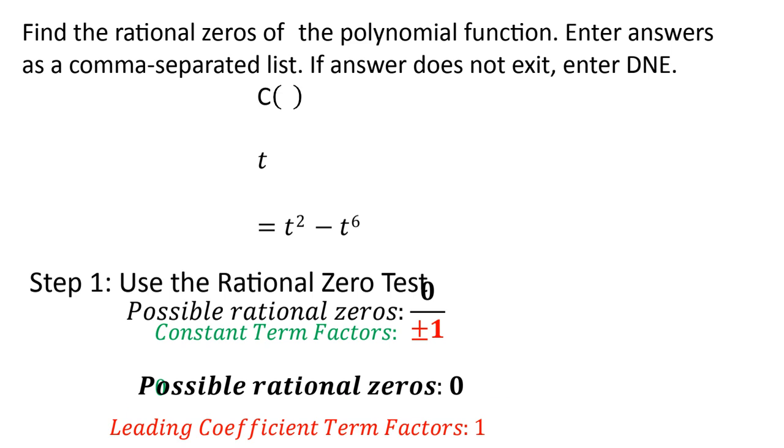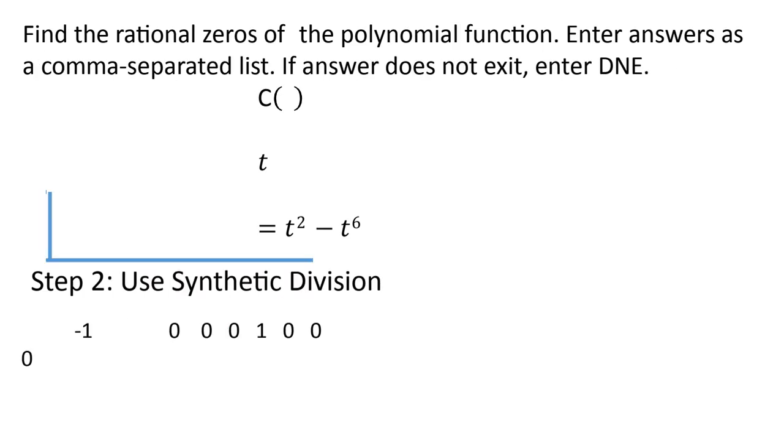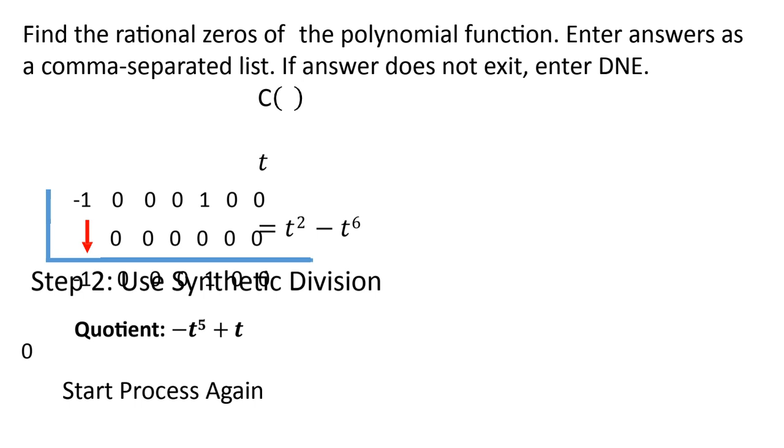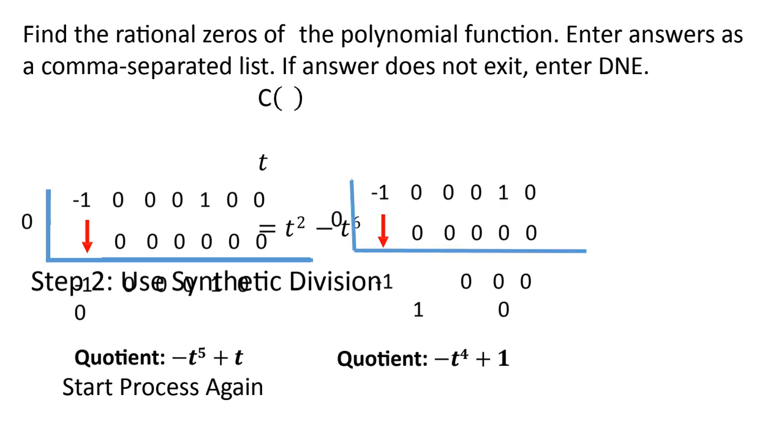Okay. And then we're going to use synthetic division. Let me find the slide that has it nicely again. So for the synthetic division, we're going to repeat the process. We have 0, and then we have a new quotient, and we're going to repeat the process with this new quotient.